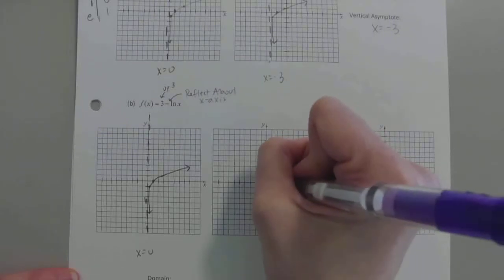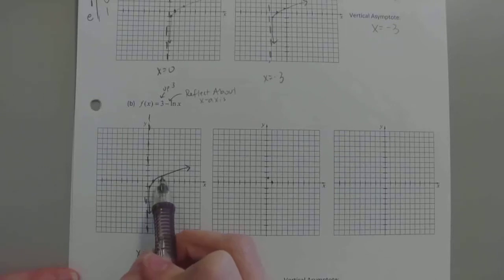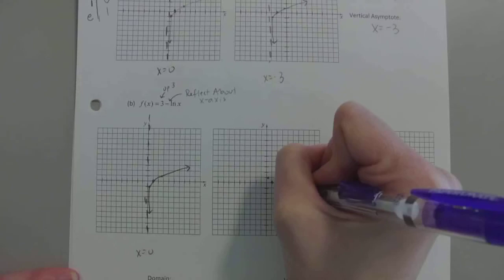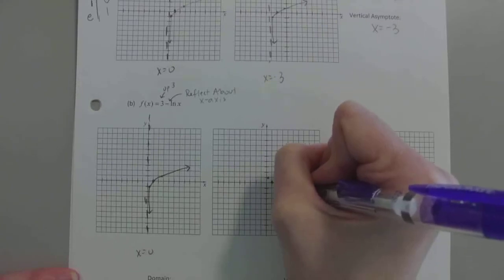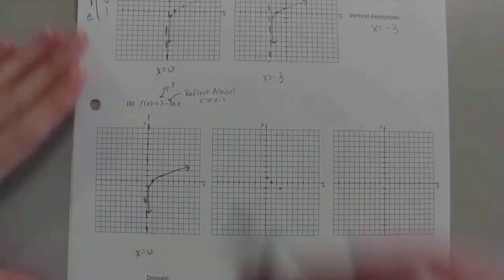Remember, our negative y's are going to become positive, and our positive y's are going to become negative. How do you change 0? 0 will just stay 0. So we'll be at 1, 0 still. And then remember, this was 2.7-ish up at +1. So we're going to be 2.7-ish down to -1.